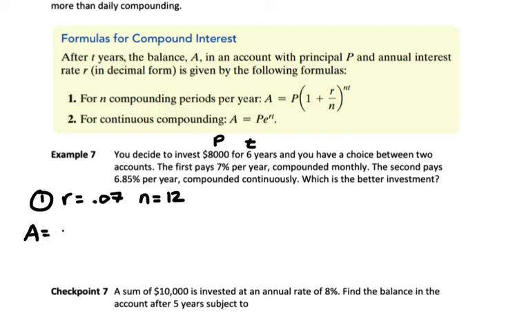So A equals 8,000 times 1 plus 0.07 over 12, and then raised to the 12 times 6 power. Note that the n appears in 2 places in the formula.